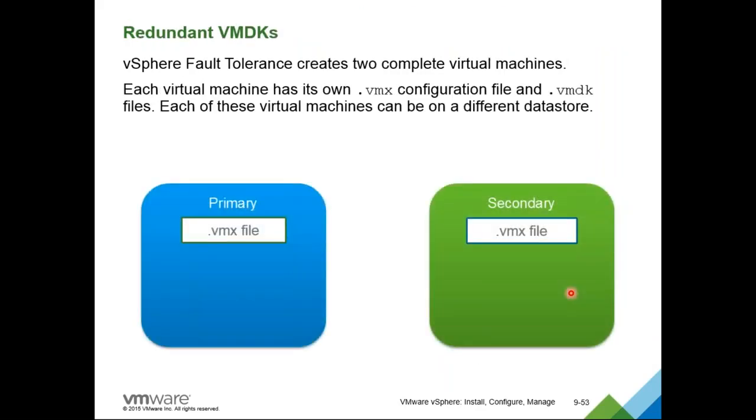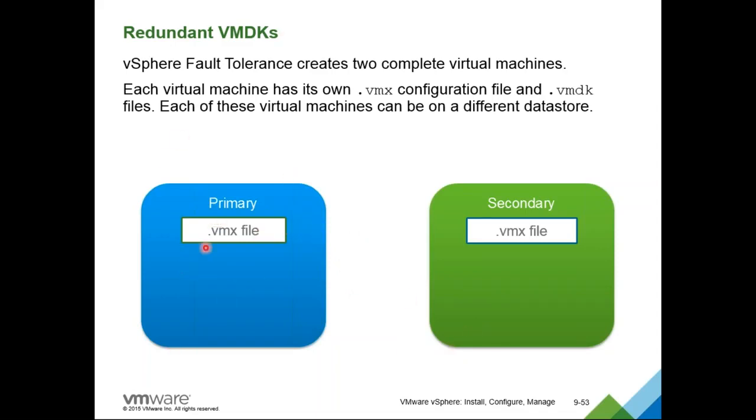For redundancy of your virtual machine disk files, vSphere fault tolerance creates 2 complete virtual machines. Each virtual machine has its own VMX configuration file and VMDK file. Each of these virtual machines can be on different data stores. As I told earlier, shared storage is not mandatory when you enable fault tolerance.